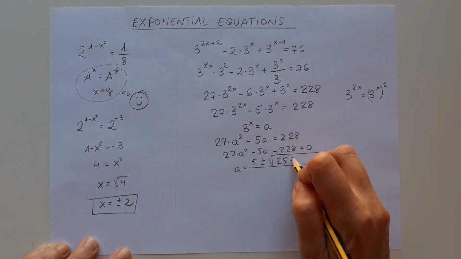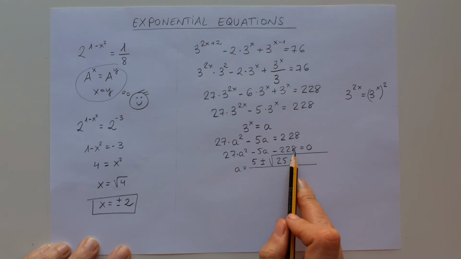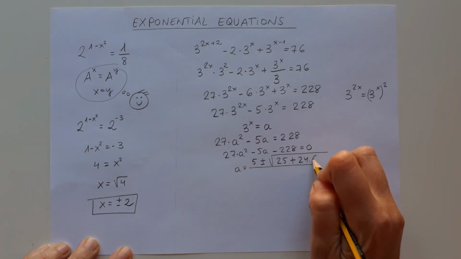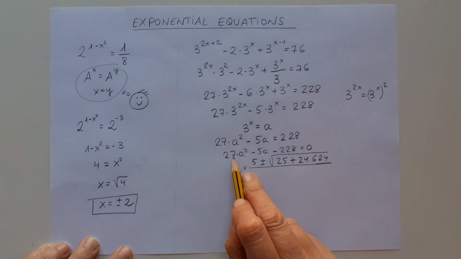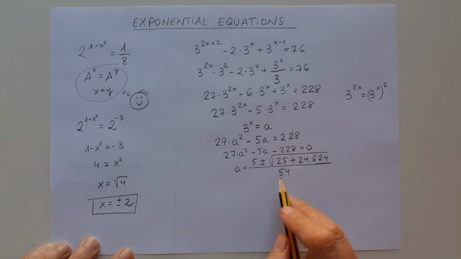A negative times a negative is a positive, and if we multiply 4 times 27 times 228, the result is 24,624, all over 2a, that is 2 times 27, that equals 54.